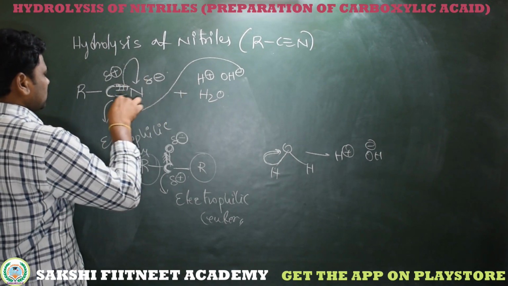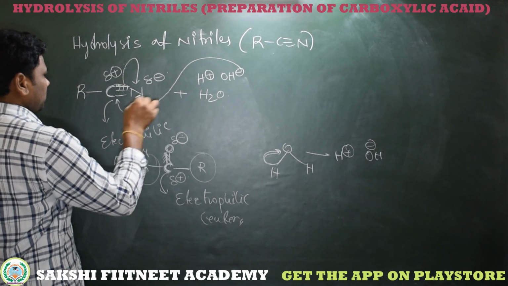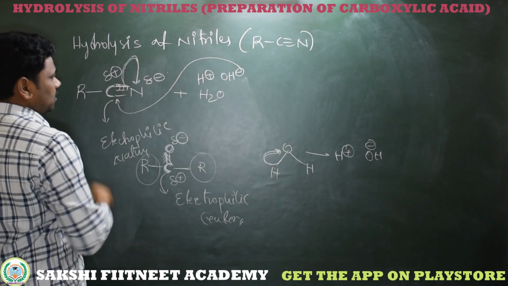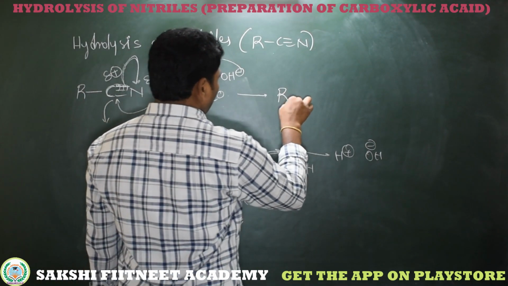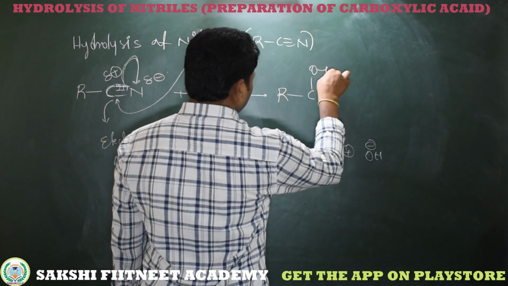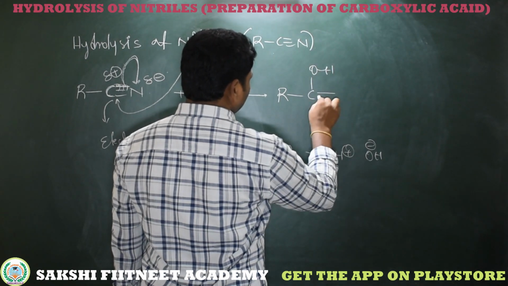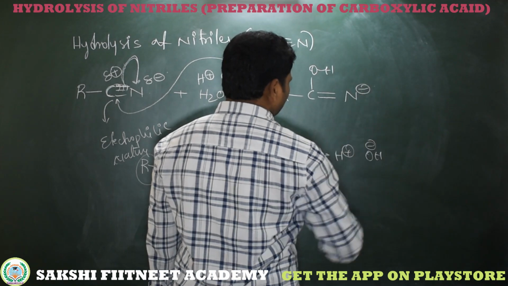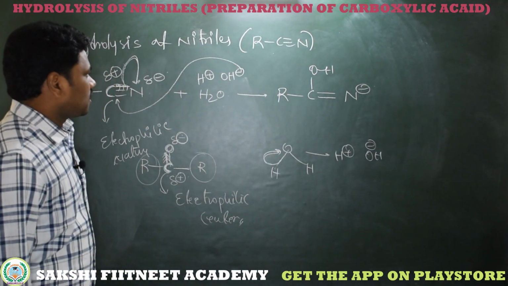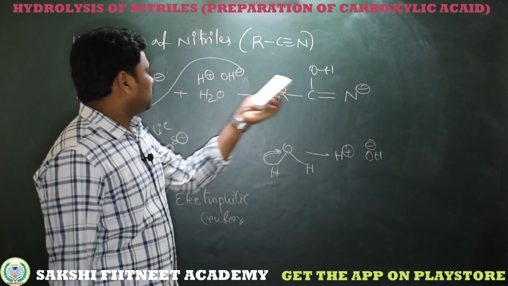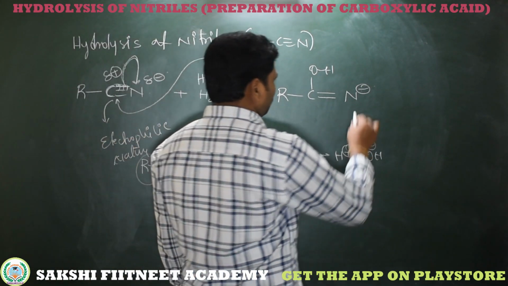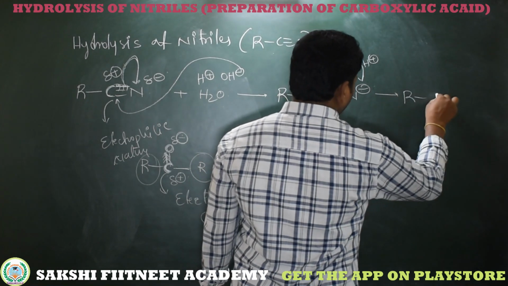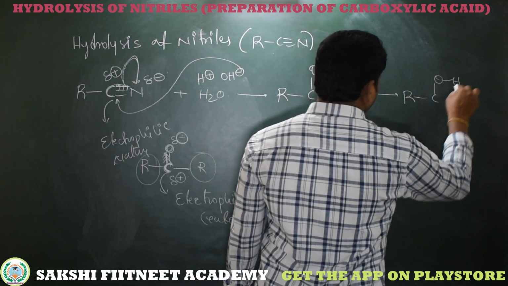One sigma bond forms between oxygen and carbon, and instead of a triple bond we have a double bond, and the nitrogen gets a minus charge. This negative charge is neutralized by H plus from the water molecule, and we get a compound in enol form.